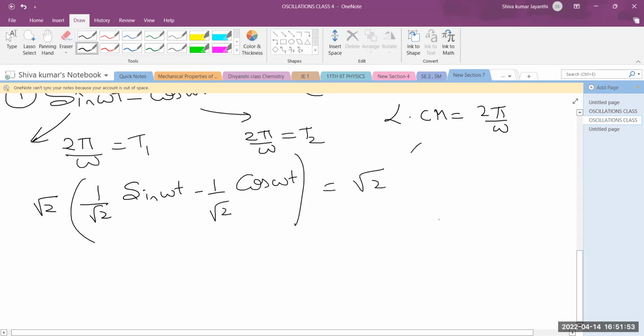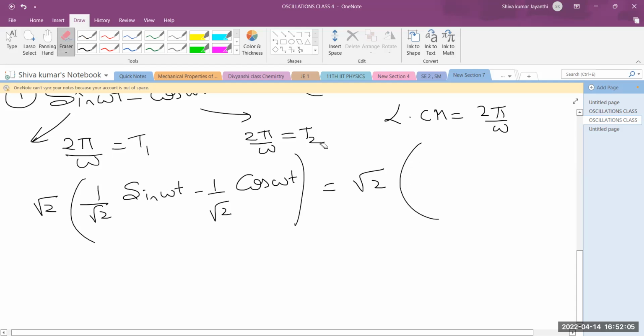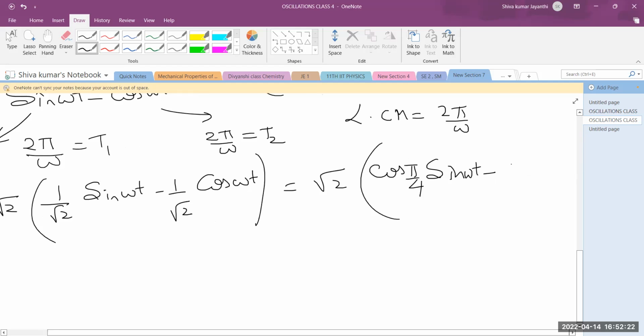What do you get? 1 by root 2 means what? Sin pi by 4 or cos pi by 4. We can use any of them. Better to use cos. Sin A cos B minus cos A sin B, we call it. These are all there in maths and standard. We can call this cos pi by 4 into sin omega t minus sin pi by 4 into cos omega t.